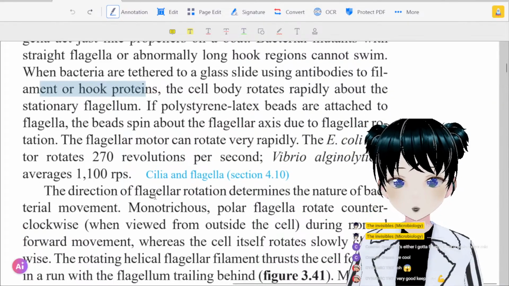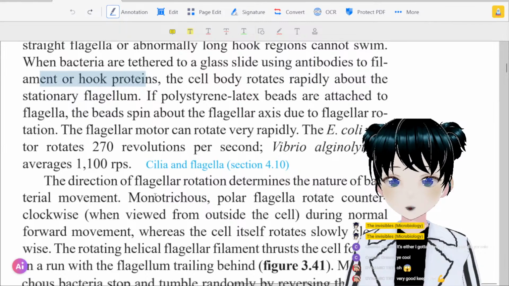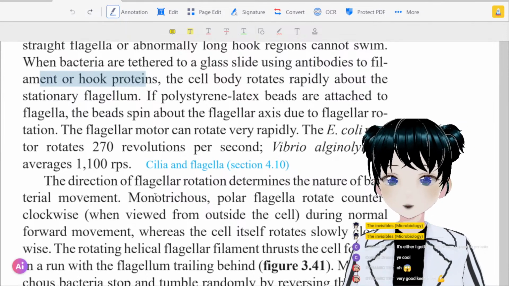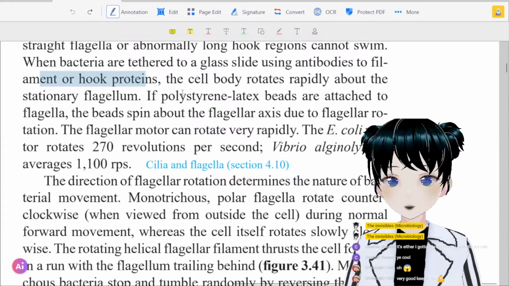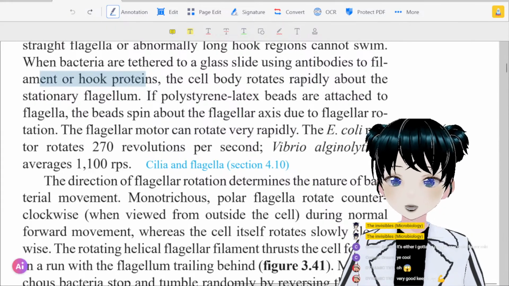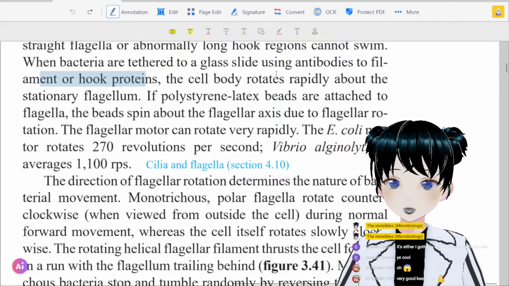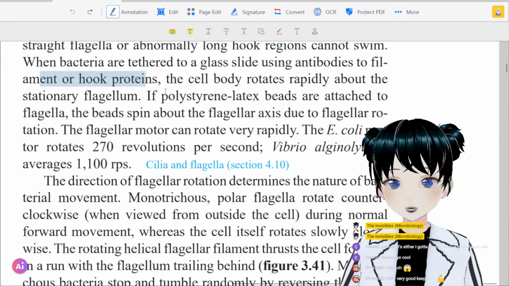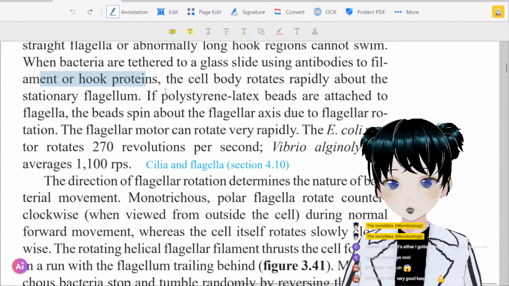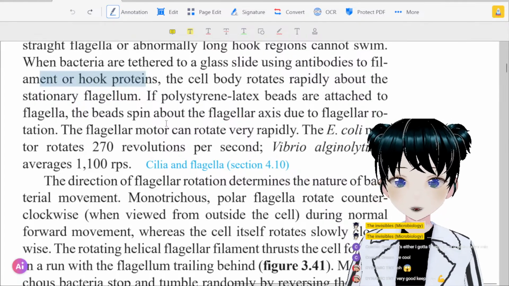The cell body rotates rapidly about the stationary flagellum. Because we made the flagella attached to the glass. The base part of the flagella is attached to the glass. So the only way for the cell to move is to rotate, because it is stuck there.